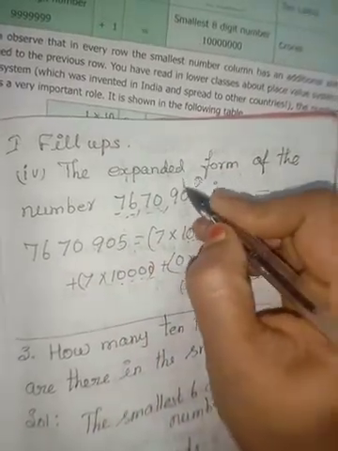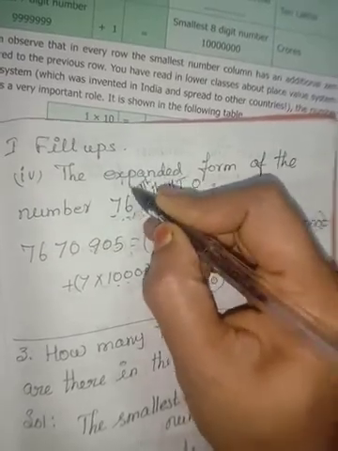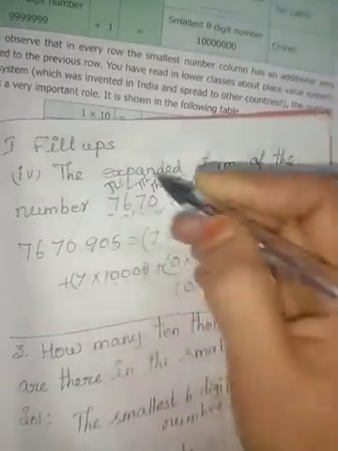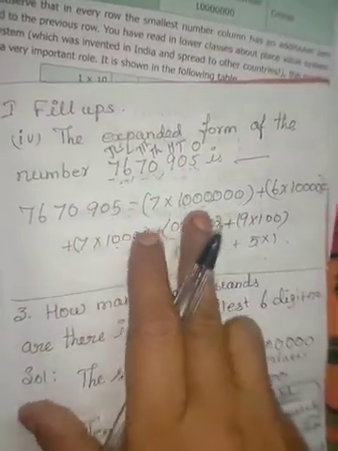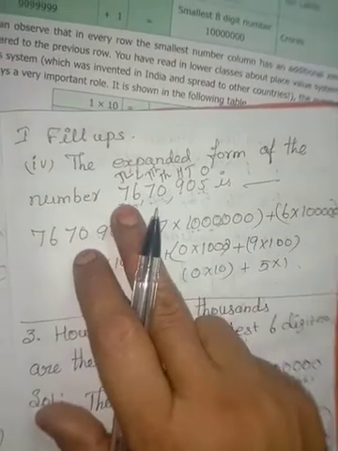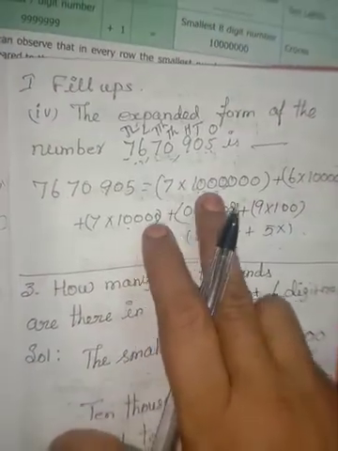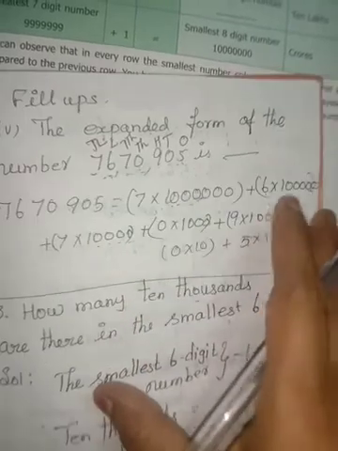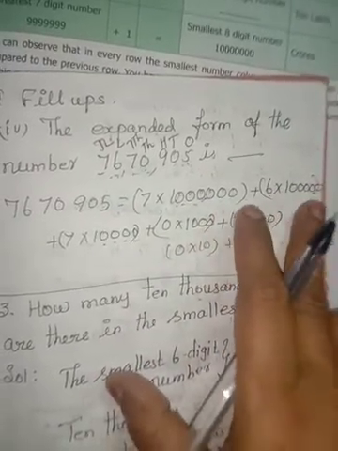So this is ones, tens, 100, 1000, 10,000, lakhs, 10 lakhs. So 7 is in the 10 lakhs place. So that is 7 into 10 lakhs. The second one, 6 into lakhs. How many zeros for lakhs? 5 zeros.